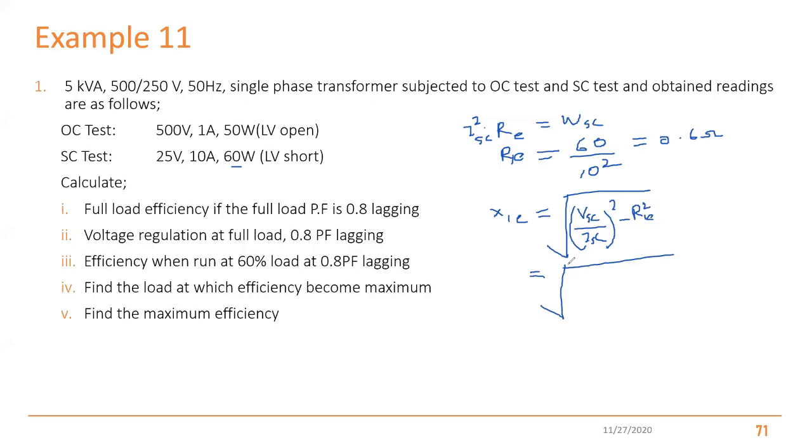Voltage here is 25 divided by 10, squared, minus 0.6 squared. This becomes 2.427.